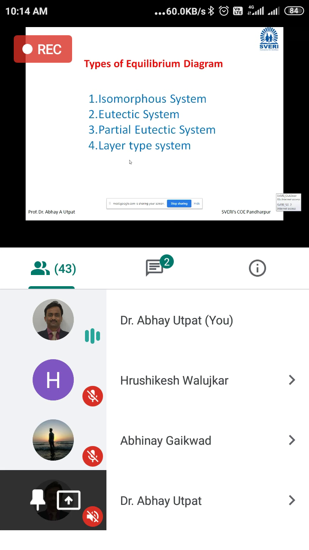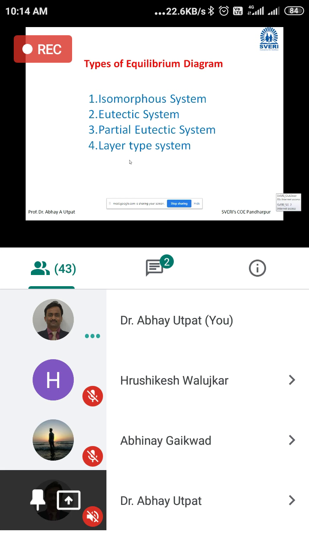Actually, just looking at the screen, you may feel this diagram is very easy. But in the exam, you have to draw it by pencil, so make it a habit to draw it in your notebook. These contents may be asked in the exam for 4 to 5 marks: draw the isomorphous system and explain cooling of the alloy.